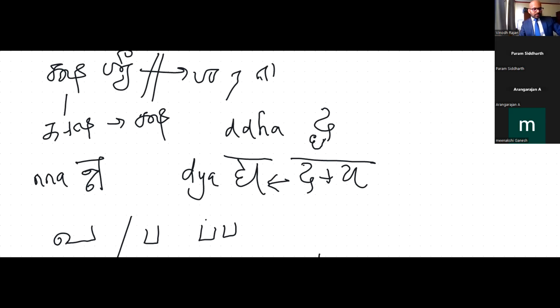For instance, the cluster twa, you can write as ta plus va, and since it's slightly cursive, you can write it as one single letter. Same way with the cluster that follows.